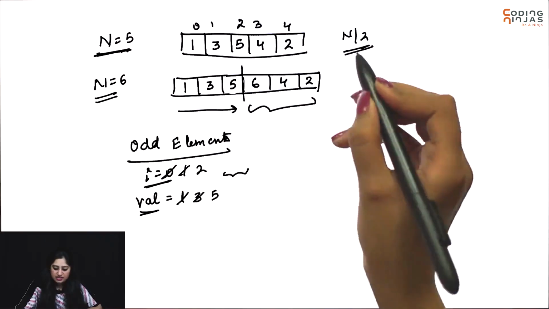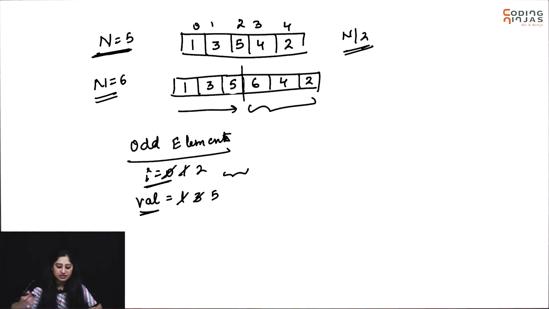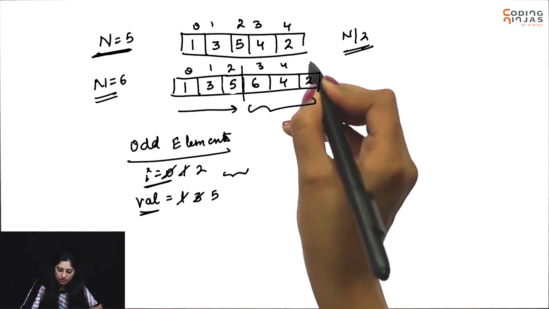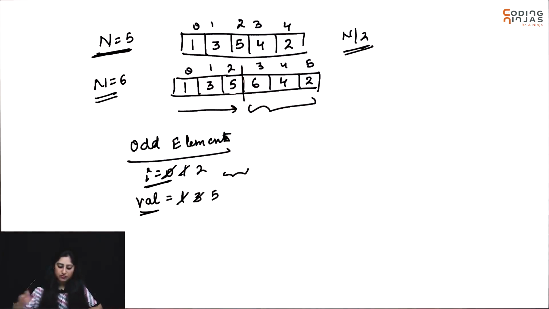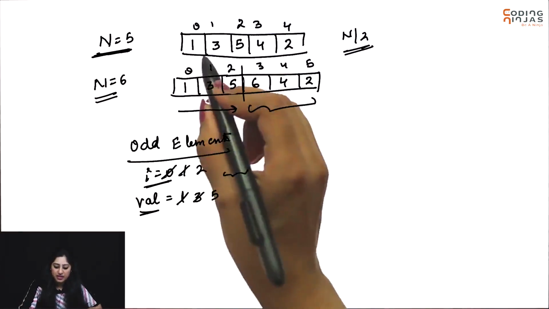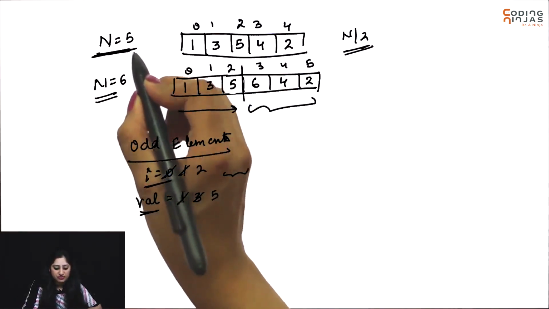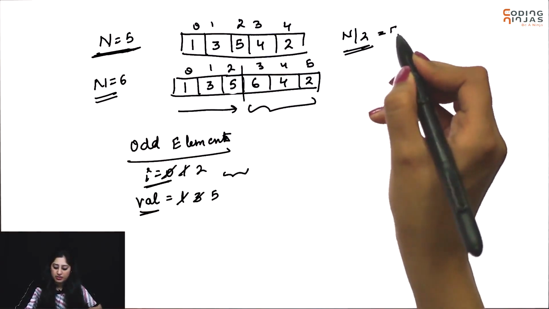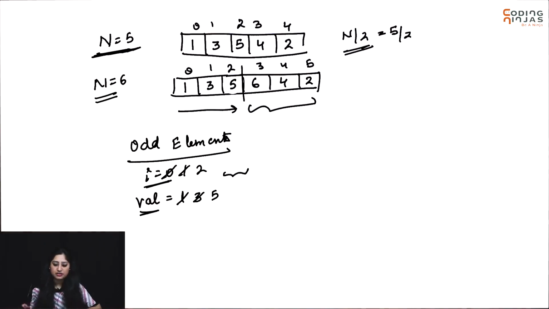In this case, the indices are 0 1 2 3 4, and I have to see the index till which I have to go. So in this case n by 2 does fit. 5 by 2 will be 2, right? So I have to go till index 2, right?